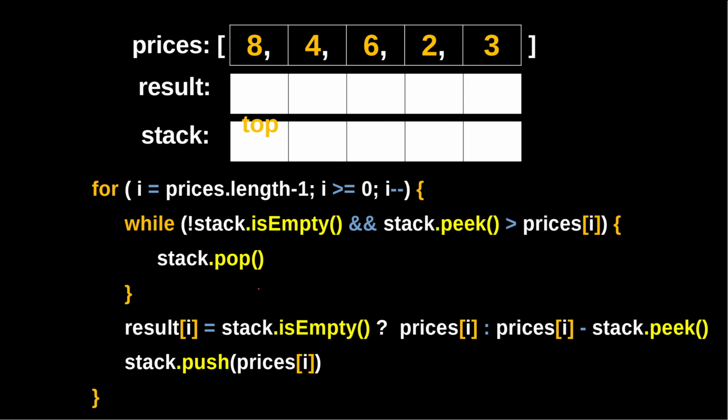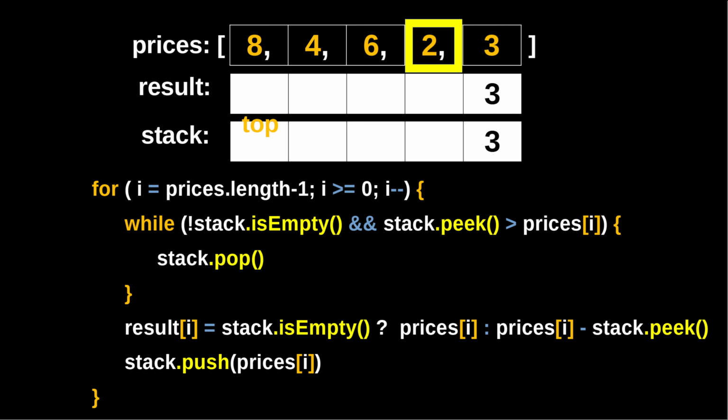Now using the pseudocode, let's populate the results array with this example. We are building the stack from right to left, so the top of the stack will be on the left side. We are iterating the prices array from right to left. The first item is 3. The stack is empty, so we put results[i] as 3, and we put the 3 onto the stack.